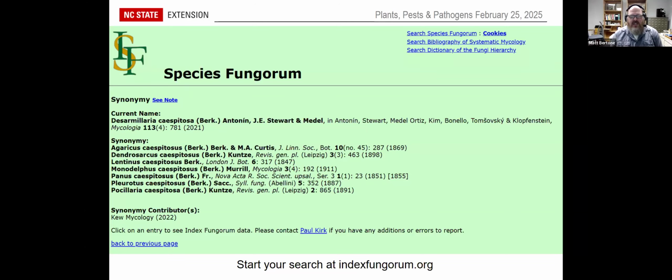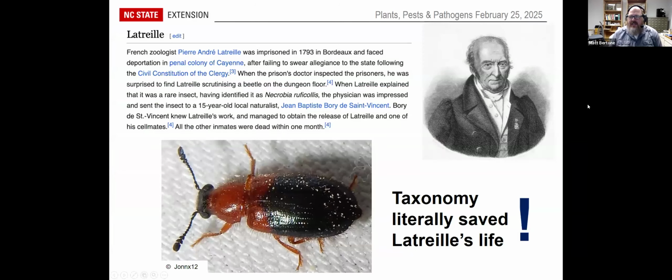So, finally, why else is it useful? Well, it literally saved Lutrell's life. Lutrell was this biologist back in the old days, and he was imprisoned. While in prison, a physician was checking out the prisoners and came up to him, and Lutrell noted that he saw this beetle, and he identified it to species.